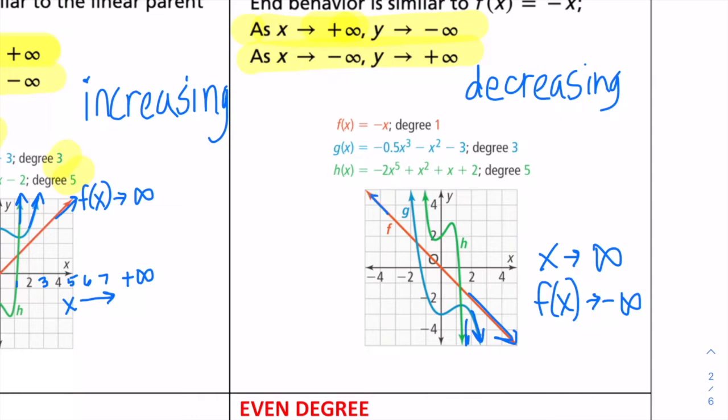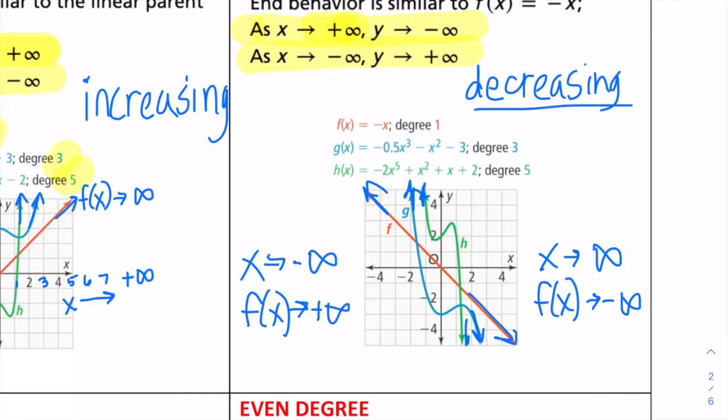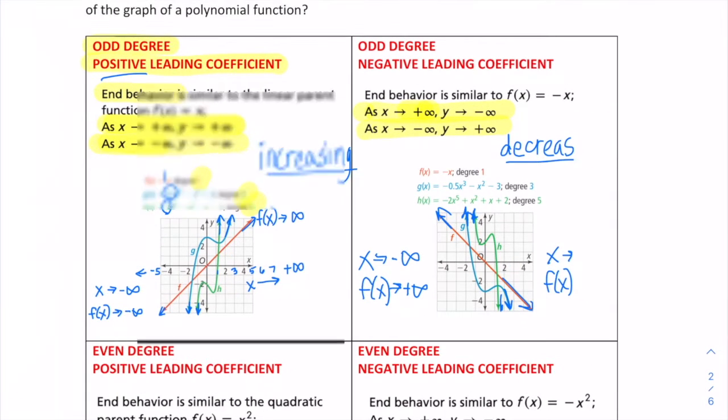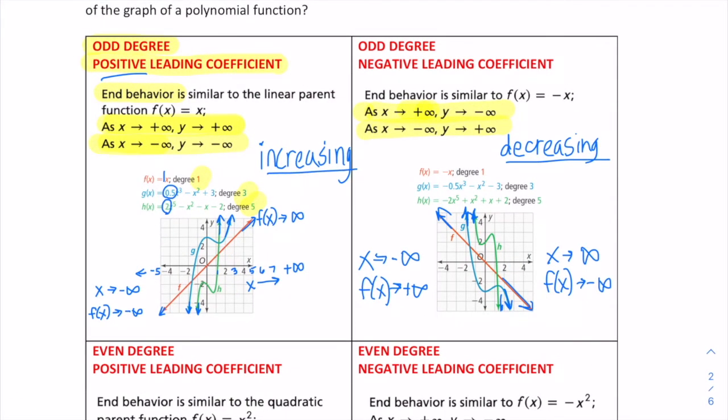Well, all these arrows are pointing up. So as x approaches negative infinity, the function is going to go to positive infinity. It's going up. And that's going to be a decreasing function, generally, right? So in general, it's decreasing or increasing. And so this is only when the functions are odd, right? We're looking at these polynomials with an odd degree, and positive, which is increasing, and negative, which is decreasing.